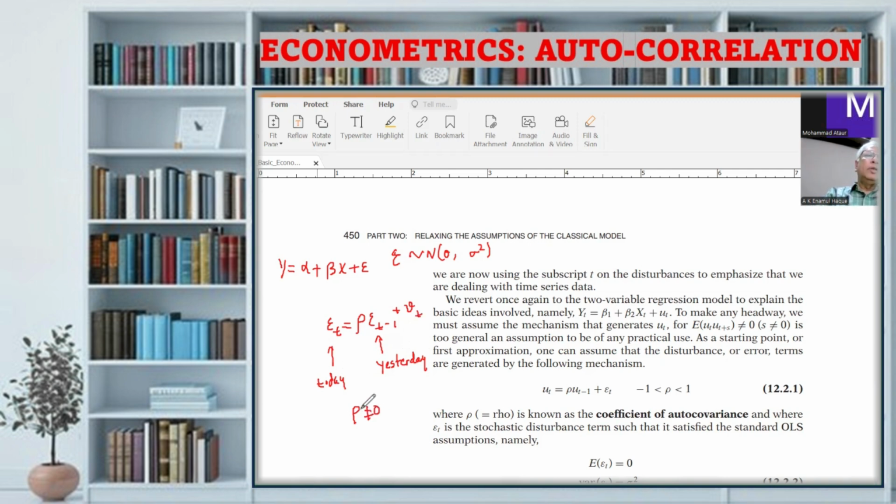But if it is not equal to 0, this model is autocorrelated, and this is known as first order autocorrelation. Why first order? Because the difference between the two is 1. I'm assuming a model of first order autocorrelation, and I want to see what the consequence is. That's the question we are now dealing with.